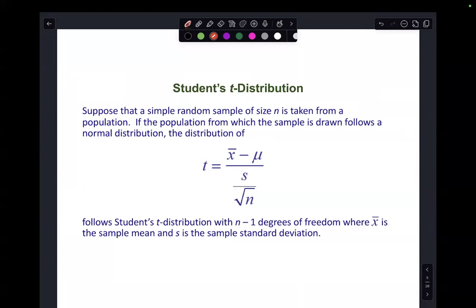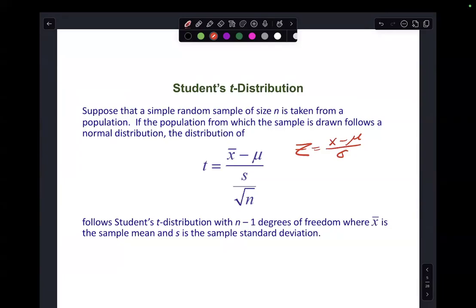So in order to calculate a t-score, you calculate it the same way that we calculate a z-score. You remember z-scores. A z-score was our data value minus the mean over the standard deviation, right?